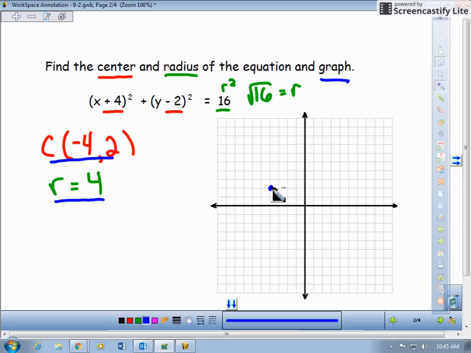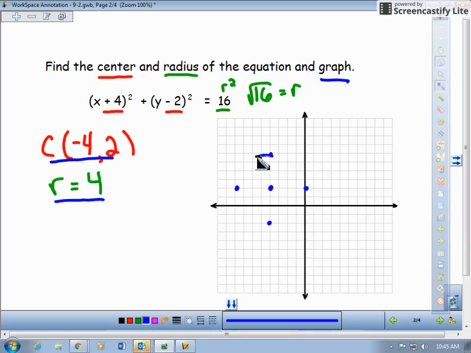So what I'm going to do is go up 4, 1, 2, 3, 4. I'm going to go down 4, 1, 2, 3, 4. I'm going to go to the right 4, 1, 2, 3, 4. I will go to the left 4. And these are points that I know are on my circle.